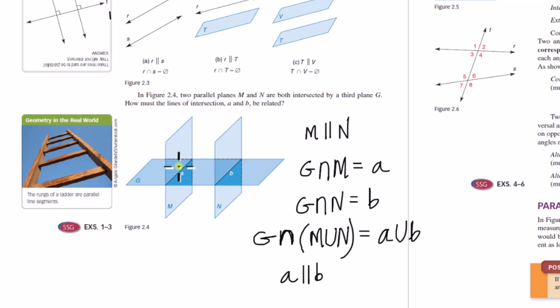Why is that? Because the two planes, M and N, are parallel. That means you pick any line you want from plane M and any line you want from plane N, and they will not intersect, 100%. But whether or not they're parallel or skew, you don't know.